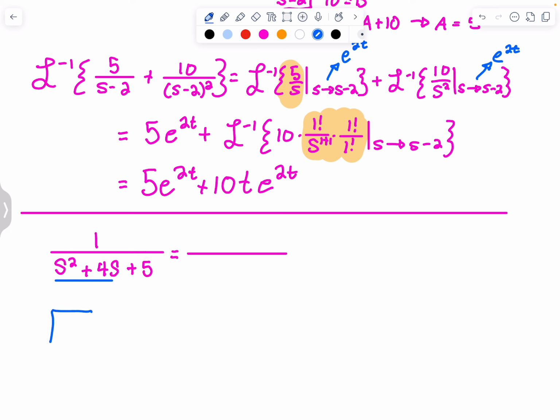I draw a little box here, so a square. And I use some geometric algebra to figure it out. The reason I do this is because I don't have to memorize anything. I can just look at it and figure it out. This goes s squared. And then I have 4 s's to make a square, so I need to put 2s and 2s. So I used up everything I've underlined.